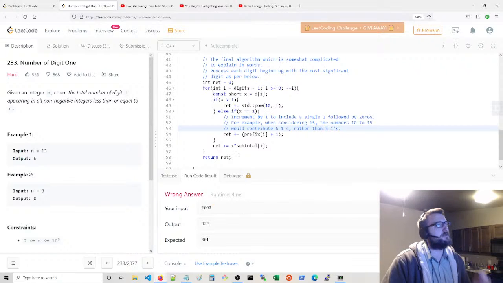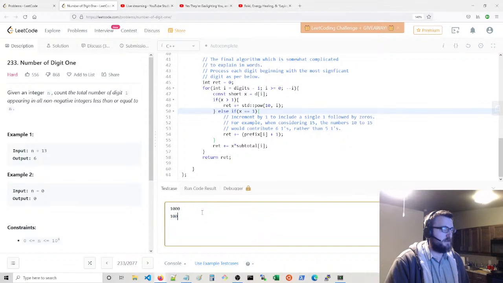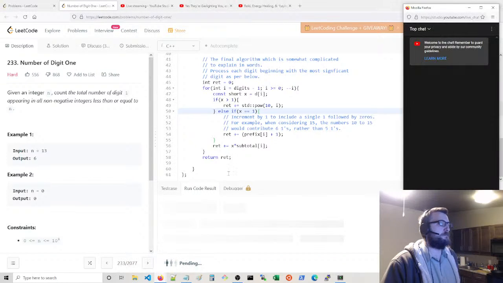So I think the issue is, since x is 0 though, this shouldn't add anything. If x is 1, you get prefix plus 1. It's kind of a special case, isn't it? I don't think it's that special. I think I'm just calculating this wrong.